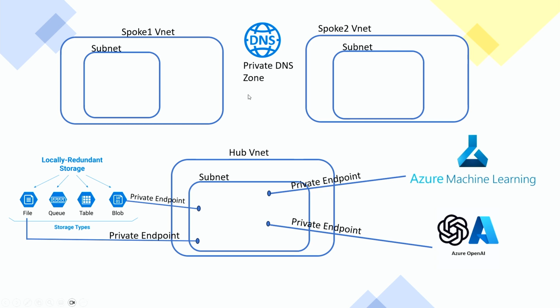There's also the ability to add a DNS resolver. There's also the ability to use conditional forwarding if you have an on-prem environment with a DNS server. You can set up conditional forwarding so that anything being sent to this DNS can go to this private DNS zone, and everything ties together.